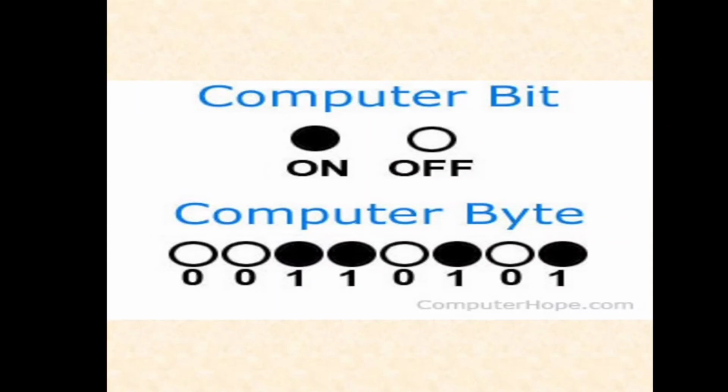Either it can be 0 or 1. And to press one character, it takes 8 bits, and 8 bits will be equal to 1 byte, which means if you are pressing a single character in the computer, it is storing 8 bits of space or 1 byte of space.